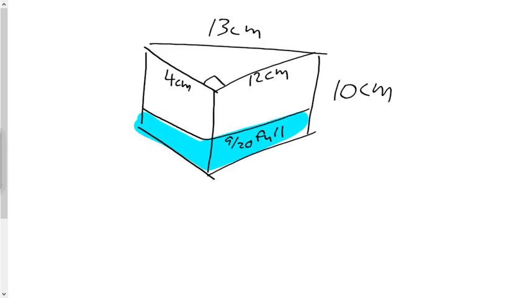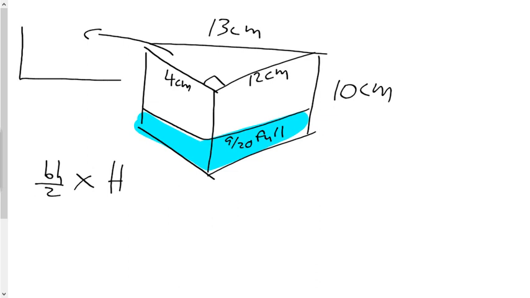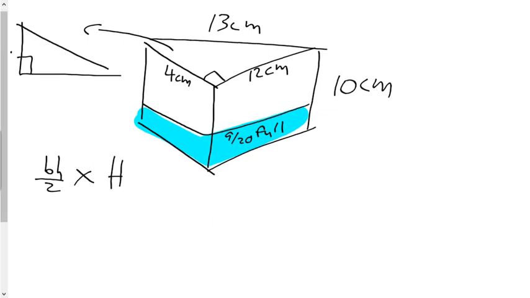And our last question is something like this. How much water is in this container? It's actually quite an easy question, really. So, area of the base. What kind of base does a triangular prism have? It has a triangle, multiplied by the height. Now, if I redrew this triangle over here, it's a 4. Sorry, it's a 4. It's a 12. It's a 13. Of those three numbers, which one is not used in the area? The 13.